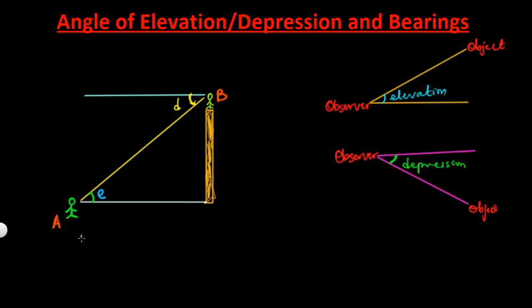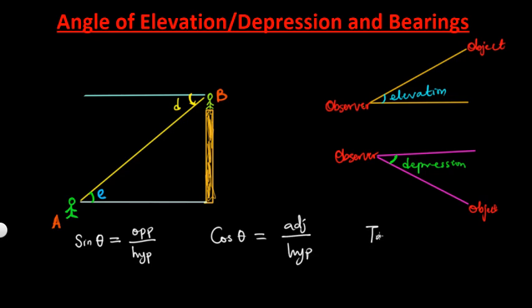Remember that sine theta is equal to opposite over hypotenuse, the ratio of the opposite side to the hypotenuse. Cos theta is the ratio of the adjacent side to the hypotenuse, and tan theta, the tan of an angle, is the ratio of the opposite side to the adjacent side.